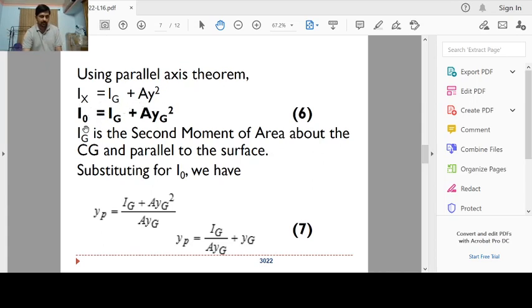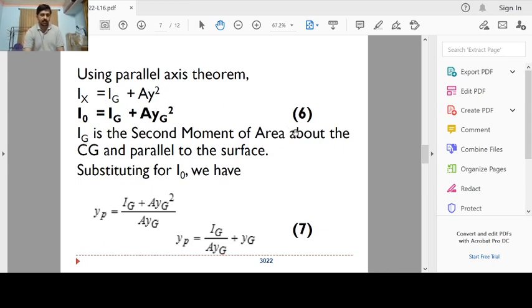So here I naught is equal to Ig plus A yg square. What is Ig? It is the moment of inertia of the vertical plane surface about its center of gravity. A is the vertical surface area, and yg is the vertical distance of the center of gravity, squared.